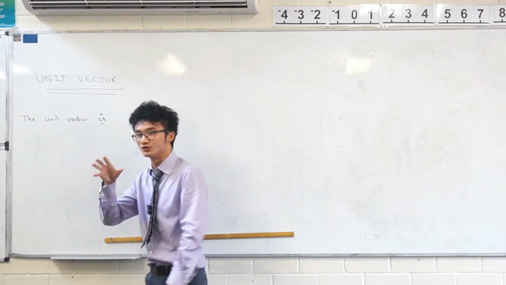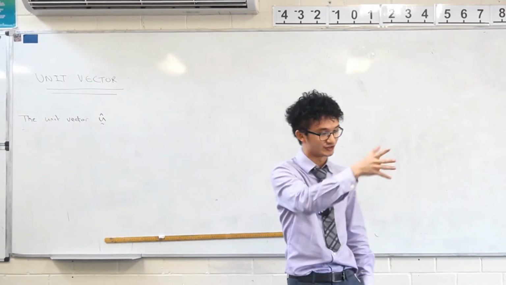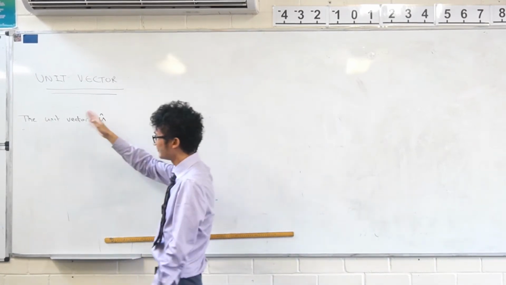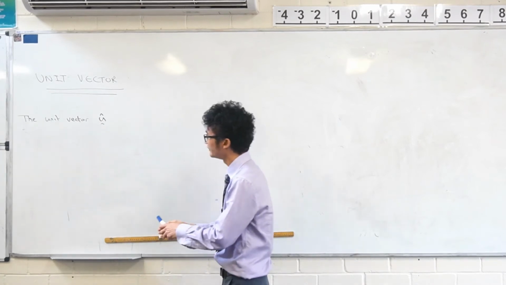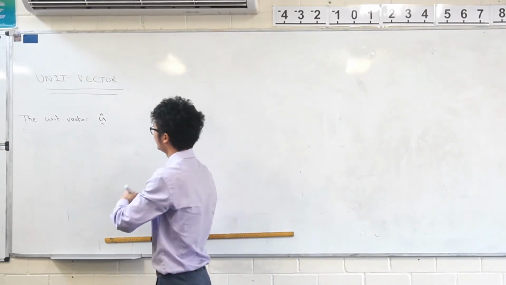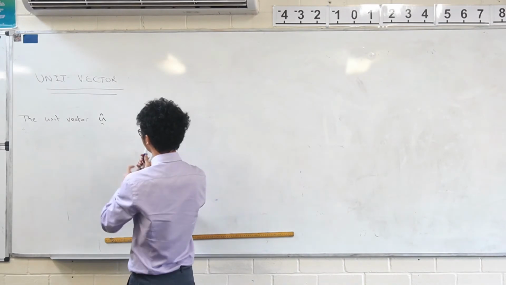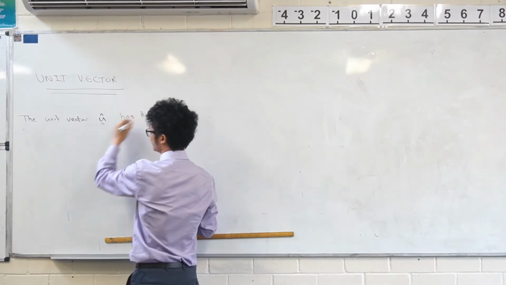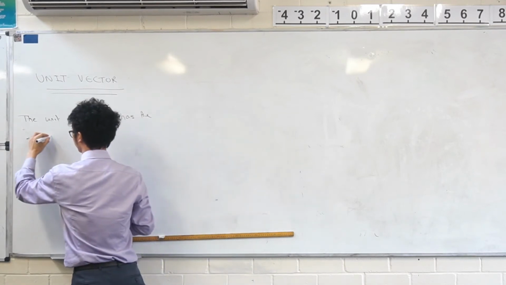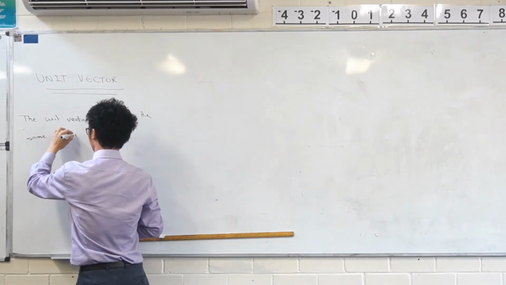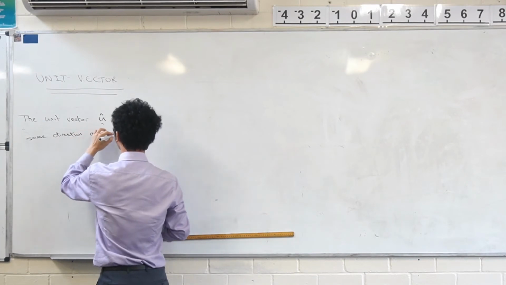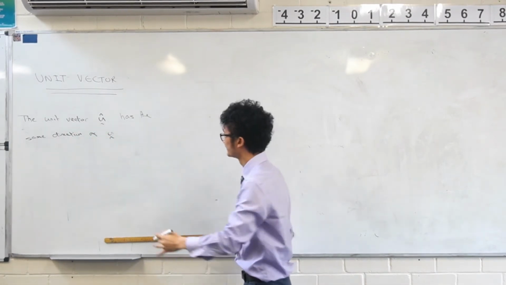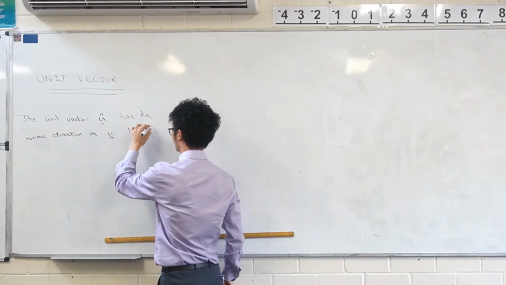A vector that remains in the same direction as the original one. So if we have this notation u hat, the unit vector u hat, that's how you pronounce it, it has the same direction as u, the original vector, but has a magnitude of 1.